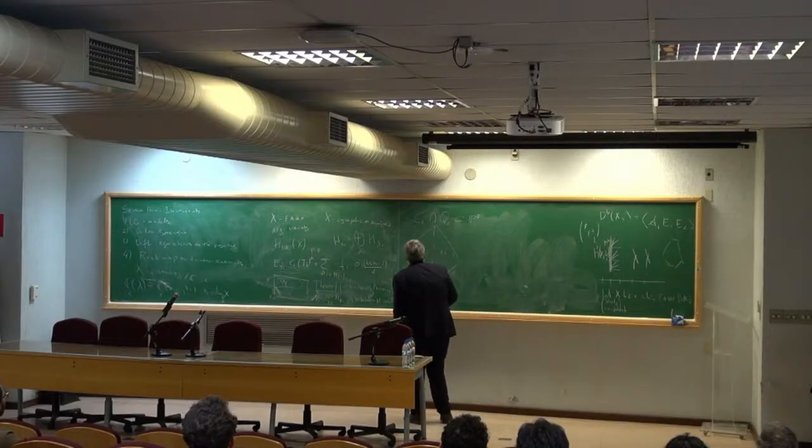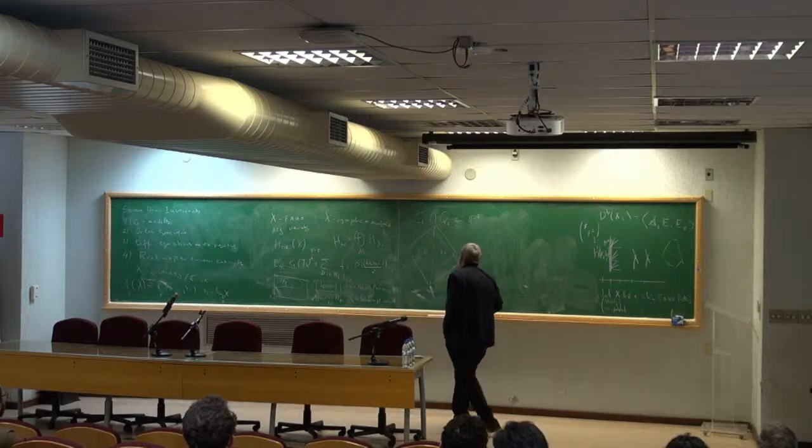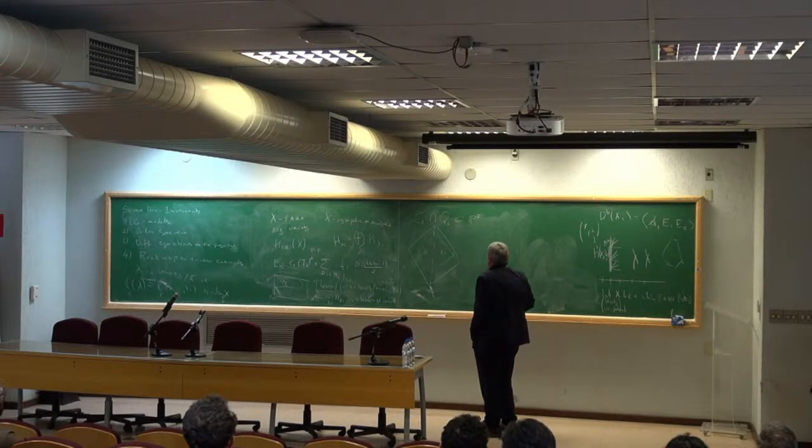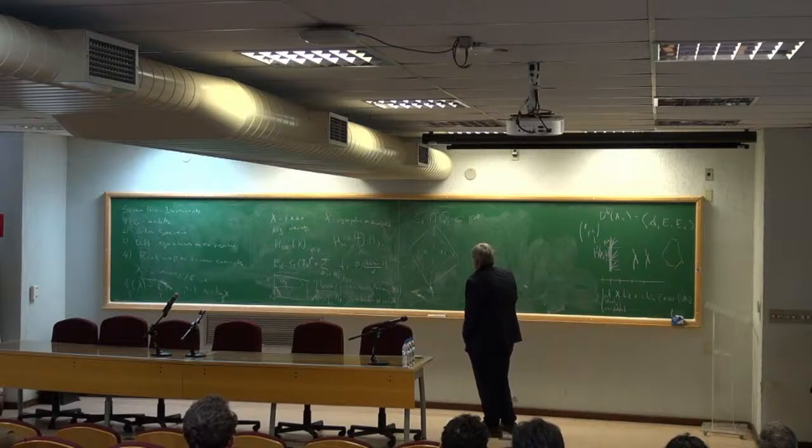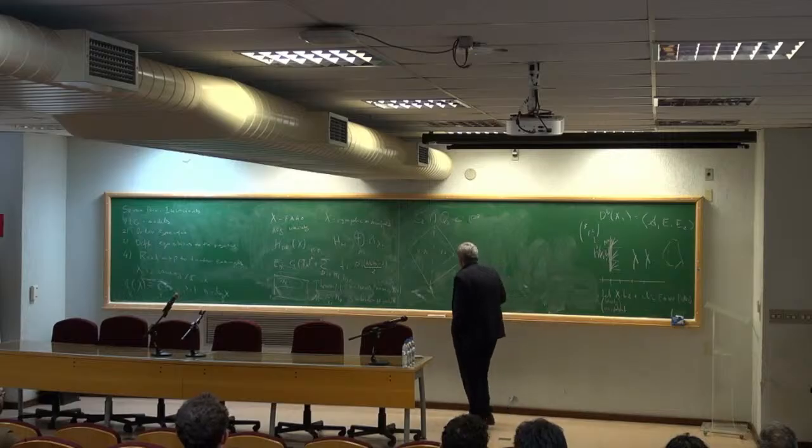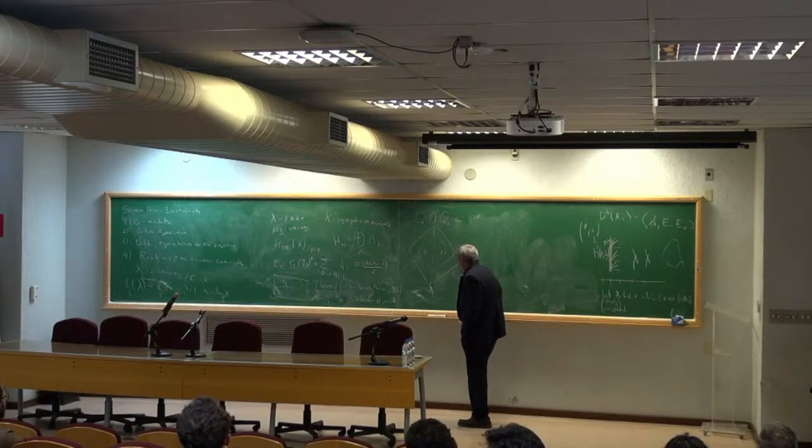The others are 0. So we have this piece here, which, if you take two ones out, is connected with the Hodge diamond of the mirror of a rigid Calabi-Yau.